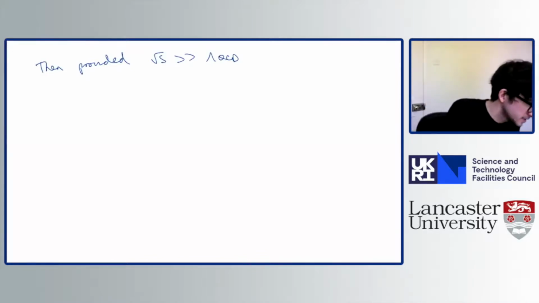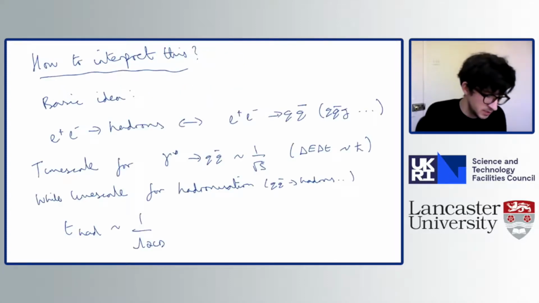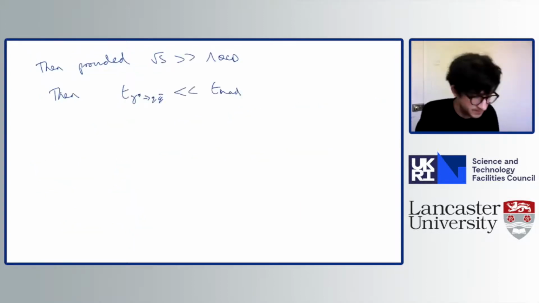Provided that's the case, the time scale for the off-shell photon to form a QQ bar is going to be a lot less than the time scale for hadronization. This other thing has a much smaller energy scale, so 1 over it is much larger. Therefore, that's what we get. Okay.